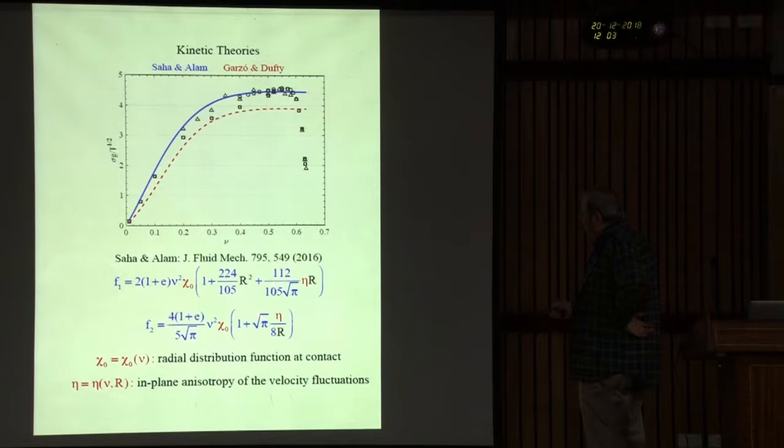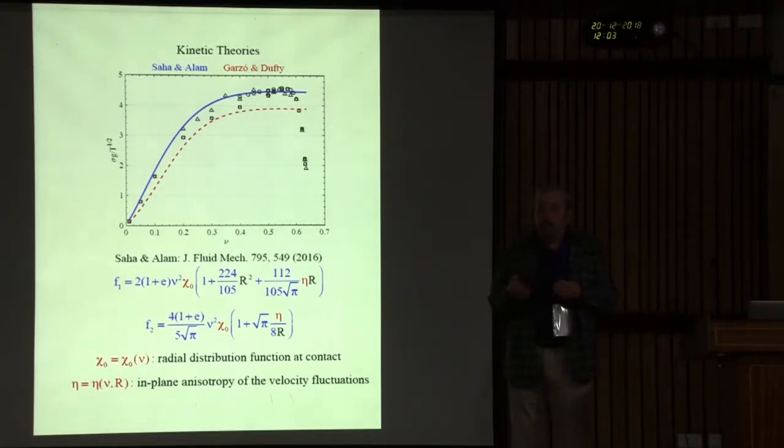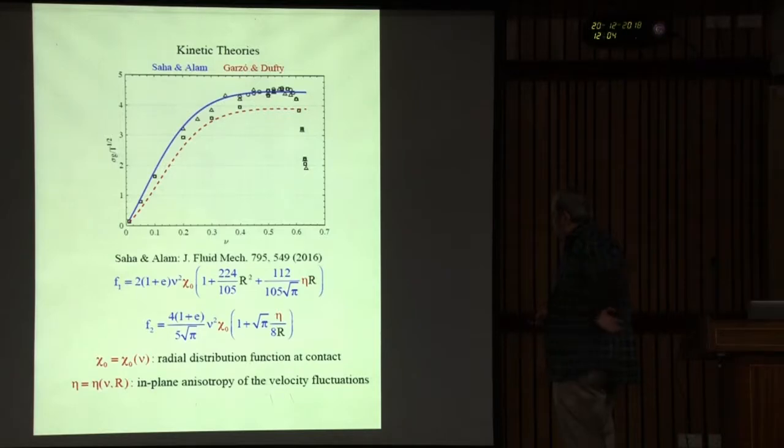Okay, so Saha and Alam have a nonlinear theory. R, remember, is that dimensionless measure of the shear rate. Eta is a function that is associated with the fact that they incorporate or admit the possibility of the velocity fluctuations differing in different directions. So the velocity fluctuations, rather than being isotropic as it is in most kinetic theories, they include a measure of the anisotropy of the velocity fluctuations.